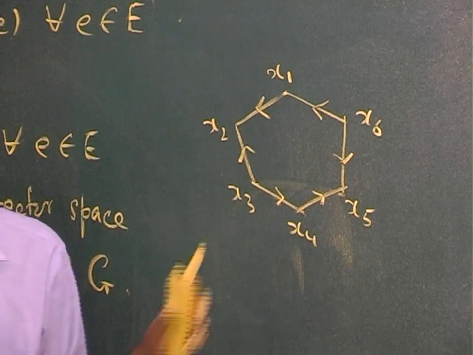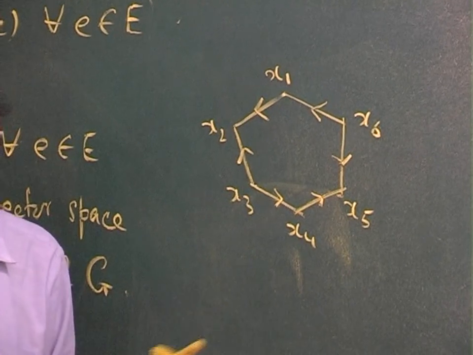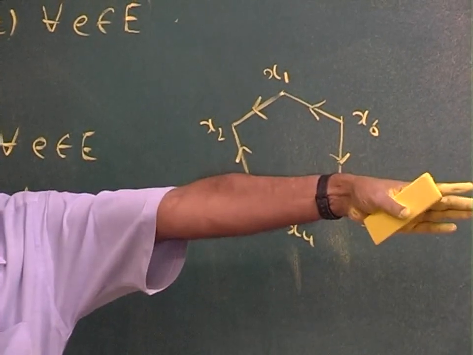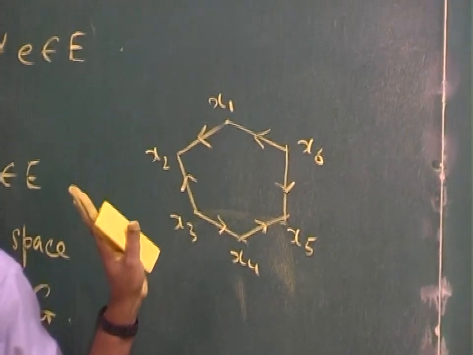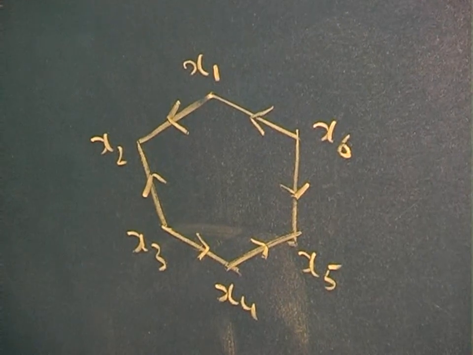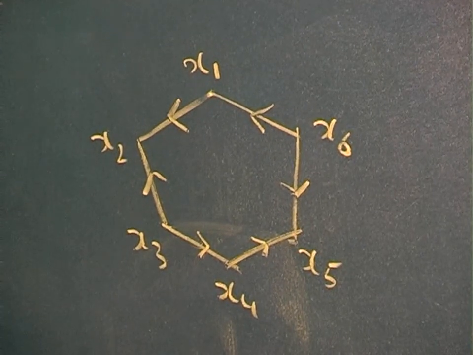Is it clear that if my graph has a cycle, all the edges don't have to be oriented in the same direction? Because we already said that you have freedom to put directions. Therefore, you cannot demand really that they're all going that way. Not necessarily.